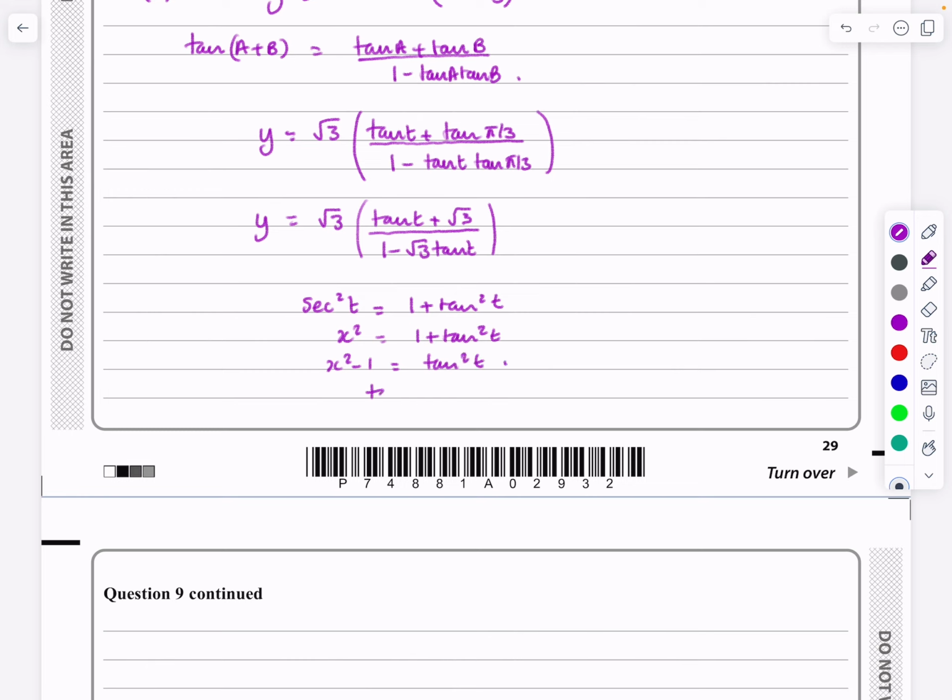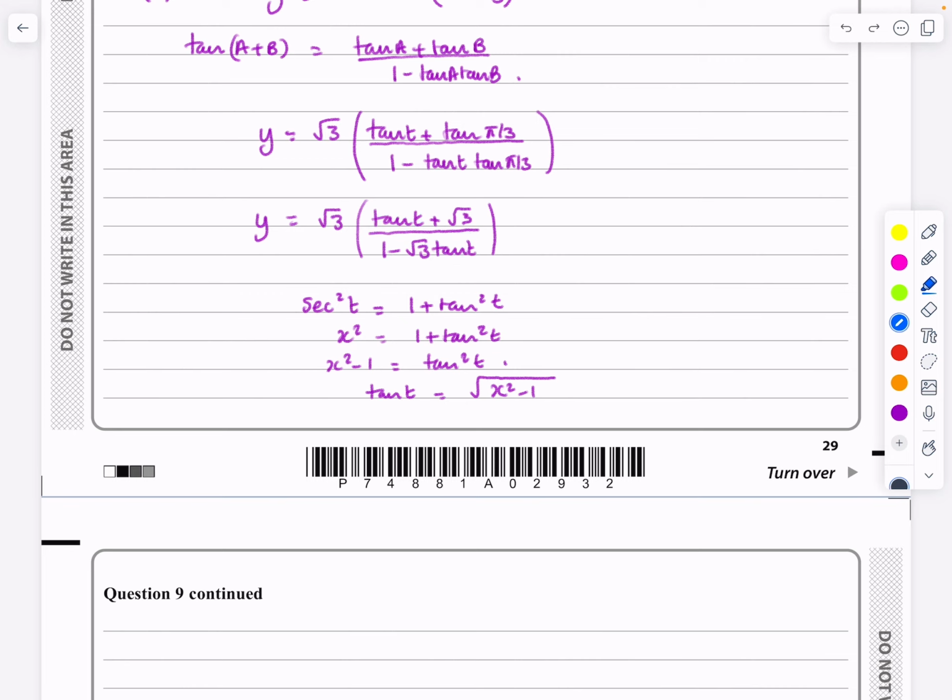So in other words, tan t is the square root of x squared minus 1. So what that now means is that I can get rid of the tan t's out of there, and I'm actually replacing them by root x squared minus 1.